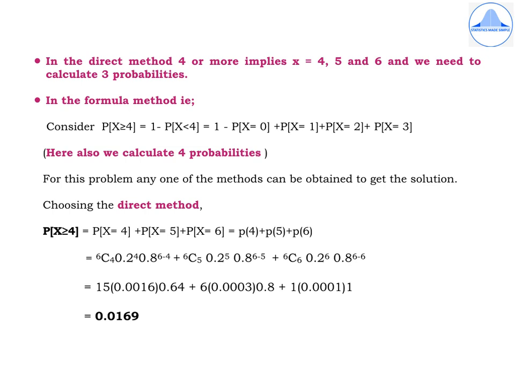It results in 6C4 0.2 to the power 4 0.8 to the power 6 minus 4, plus 6C5 0.2 to the power 5 0.8 to the power 6 minus 5, plus 6C6 0.2 to the power 6 0.8 to the power 6 minus 6. On calculation and simplification, the final answer is 0.0169.